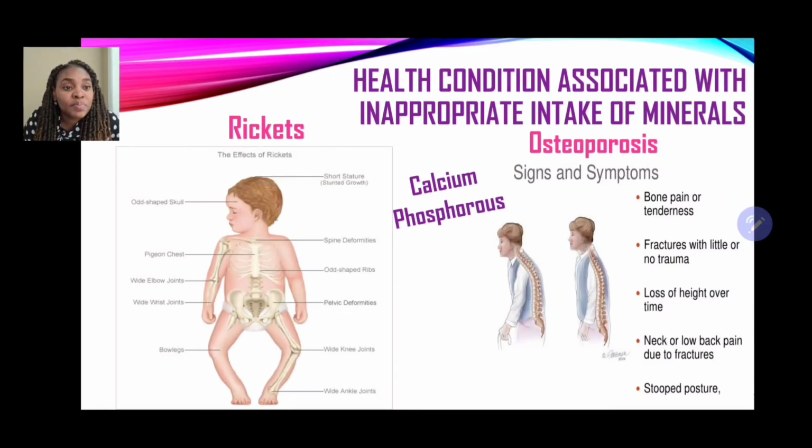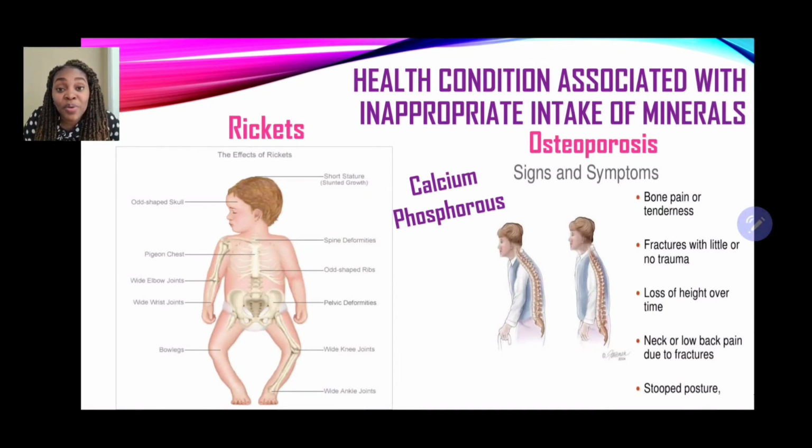Now, bone pain or tenderness. So the bone may be painful or may feel a little tender. Fractures with little or no trauma, right? So these persons who are suffering from osteoporosis, this is when the bones become brittle. The bone is not strong enough, so even if they don't have a trauma, they may fracture easily.